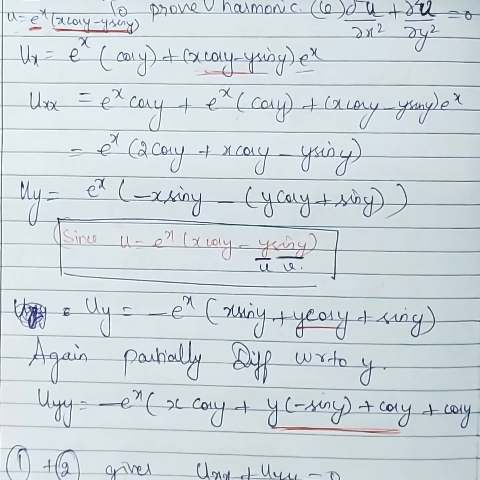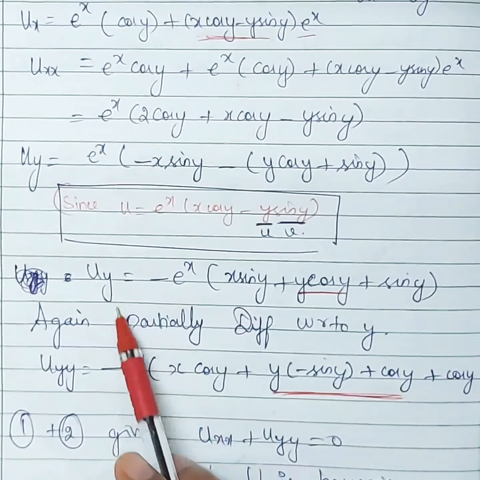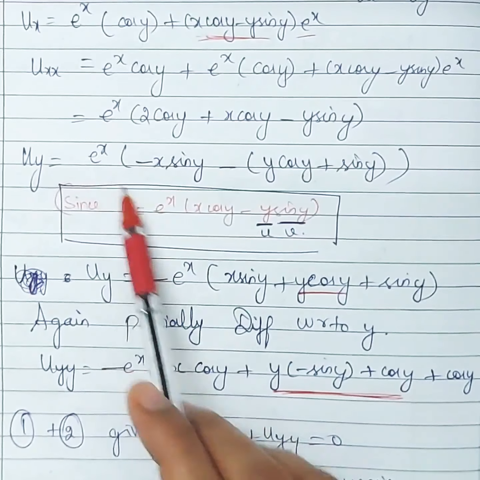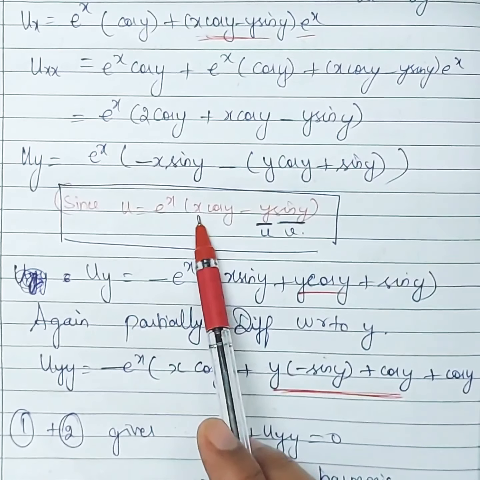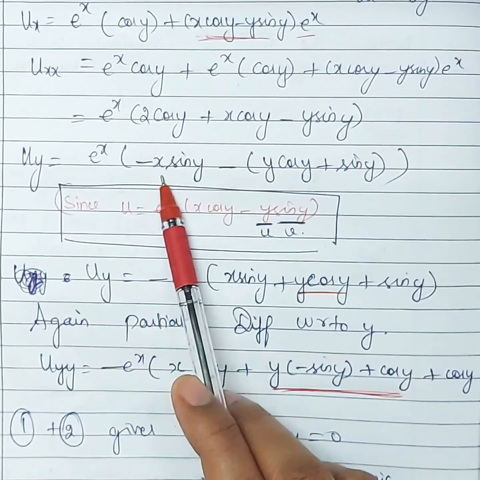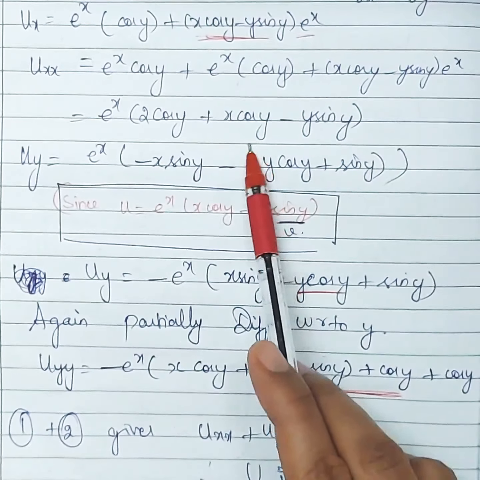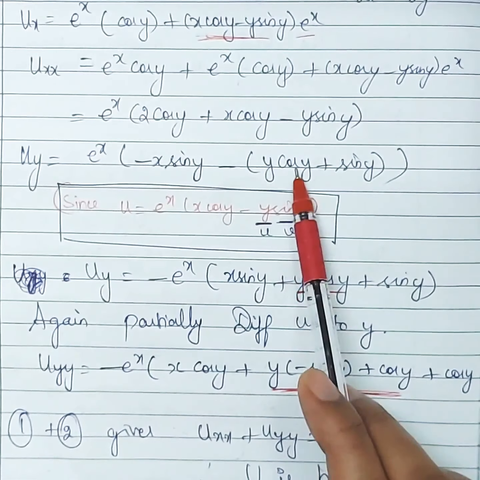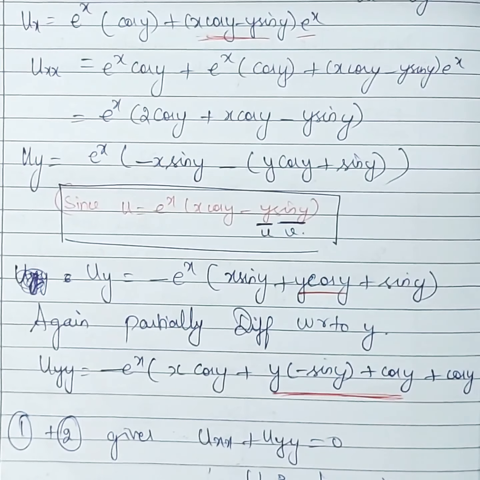So please be careful. So u is given, partially differentiating with respect to y. Okay, so keep this e power x as it is. Okay, then we have x into cos y, keep x as it is, cos y differentiation is minus sin y, minus we have two terms, so please be careful, open the bracket, write y as it is, sin y differentiation is cos y, plus write sin y as it is, y differentiation is 1.